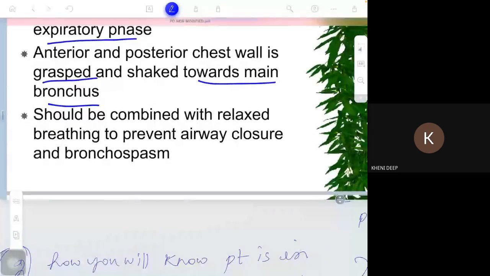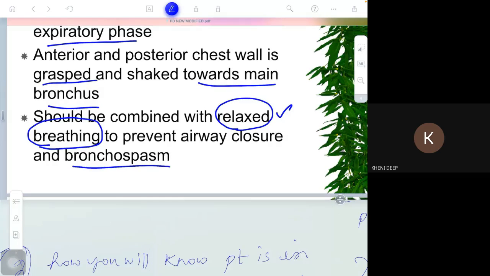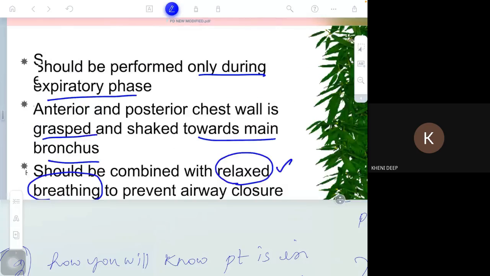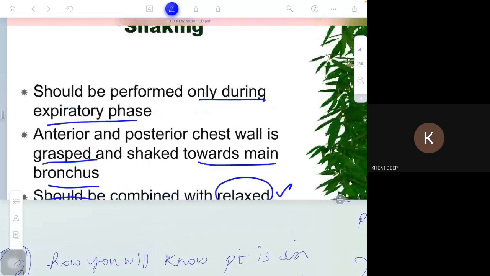And this should be combined with relaxed breathing. After performing one or two shakings, instruct the patient to go for relaxed breathing to prevent bronchospasm, because during shaking there is a possibility of bronchospasm.